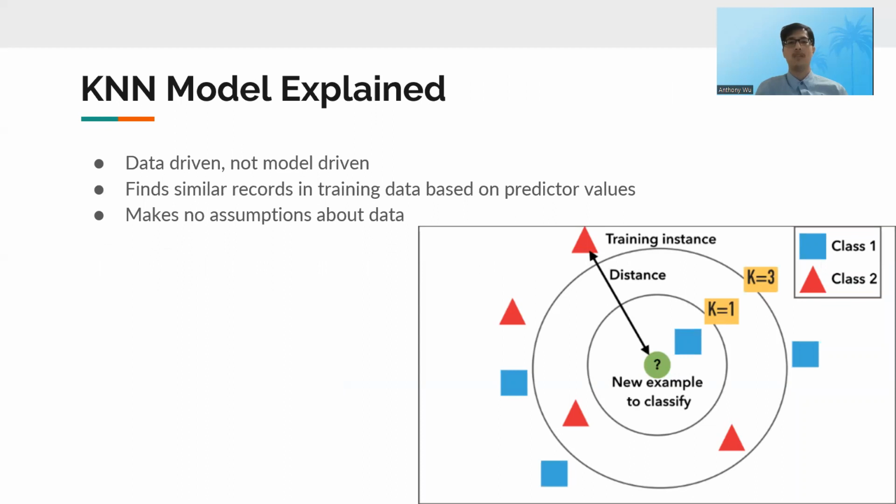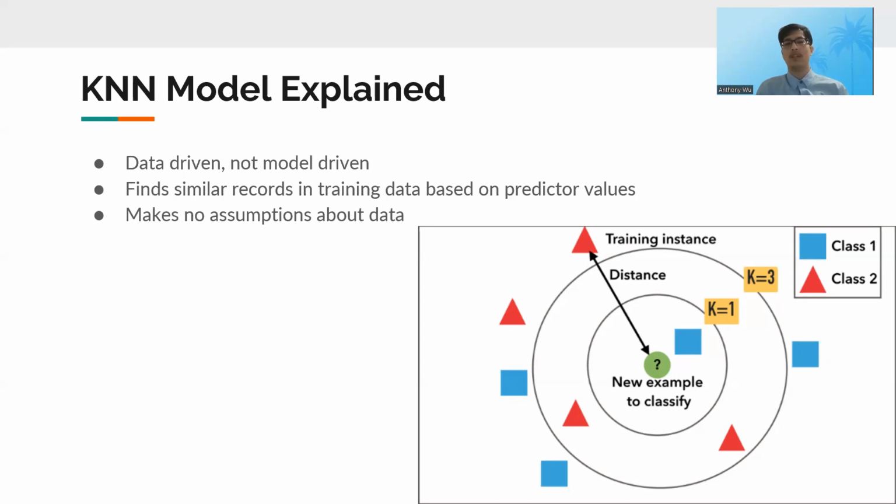Now, the KNN model is data-driven and not model-driven. Compared to the linear regression model, it does not rely on a linear model or anything like that. It purely finds similar records in the training data based on predictor values.